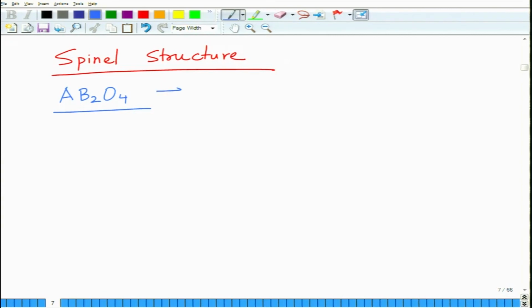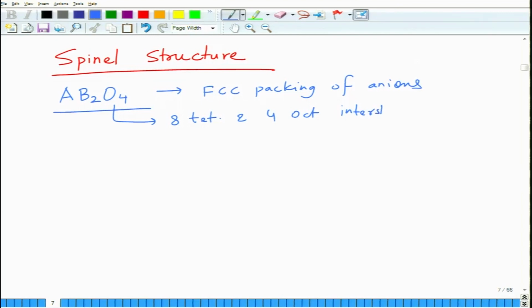It is again based on FCC packing of anions, and if it is based on FCC packing of anions, you can see that for 4 oxygen you will have 8 tetrahedral and 4 octahedral interstices per formula unit, right? Per formula unit. Each formula has 4 oxygen atoms. This will give you 8 tetrahedral and 4 octahedral.